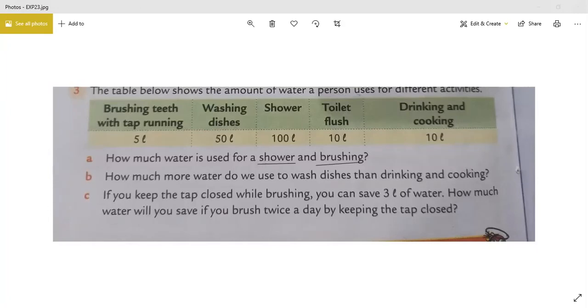Ma'am, for shower, 100 liters. Yes, tell me the total, son. Ma'am, and for brushing, 5 liters. Total?